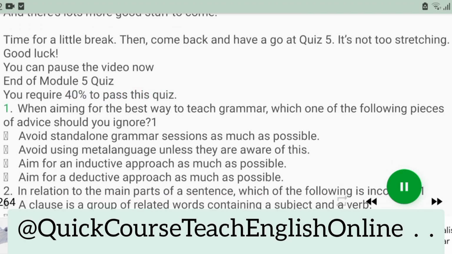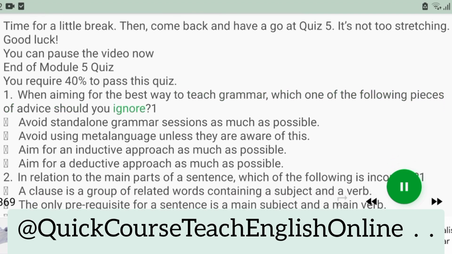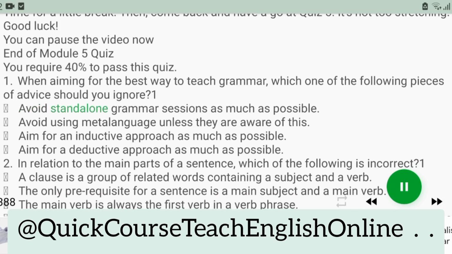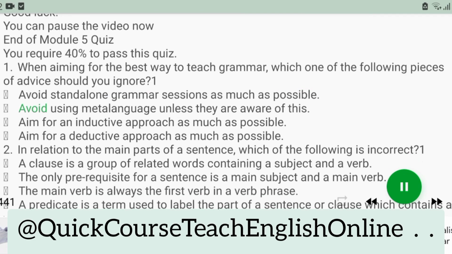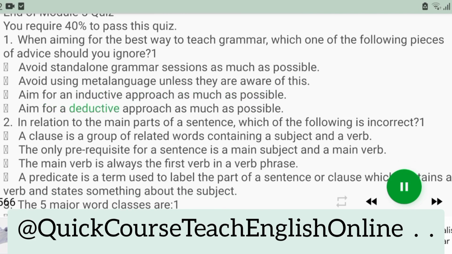1. When aiming for the best way to teach grammar, which one of the following pieces of advice should you ignore? 1. Avoid standalone grammar sessions as much as possible. 2. Avoid using metalanguage unless they are aware of this. 3. Aim for an inductive approach as much as possible. 4. Aim for a deductive approach as much as possible. 2.